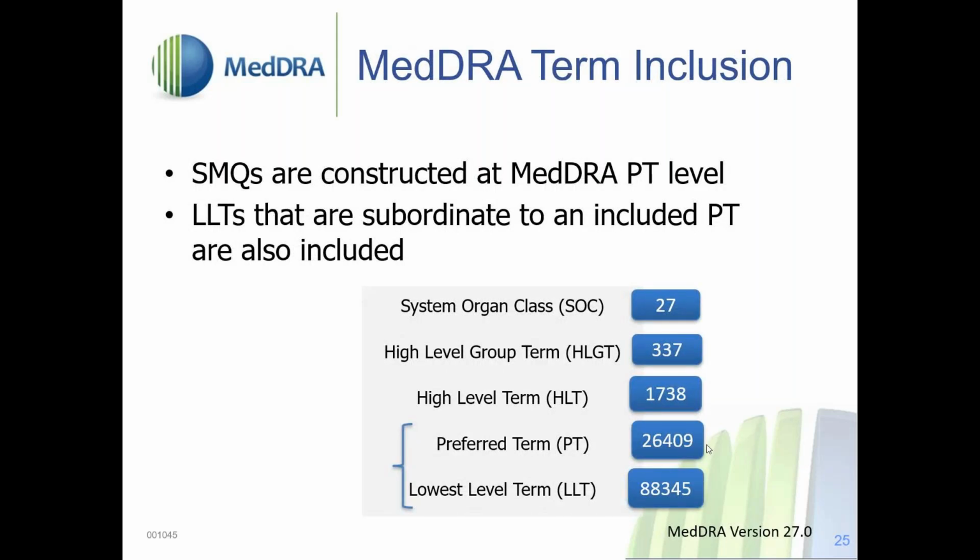So as many of you already pointed out very correctly, SMQs are constructed at the MedDRA PT level. By definition, all LLTs under these PTs are automatically included into that search as well. And you see that the number of terms increases, the granularity increases the further down you go into the hierarchy of MedDRA.